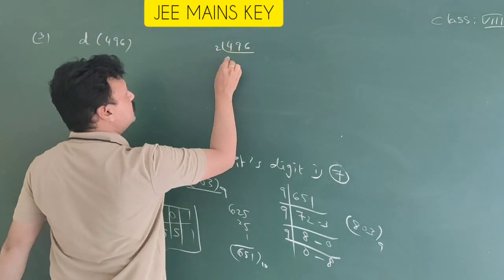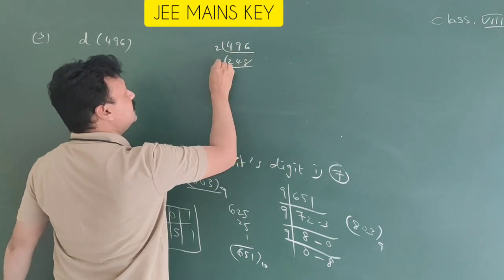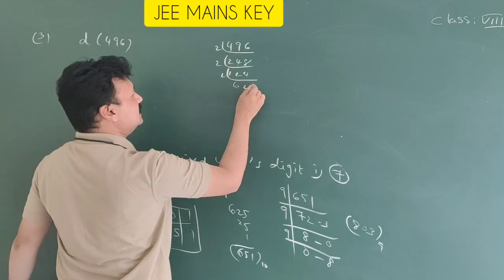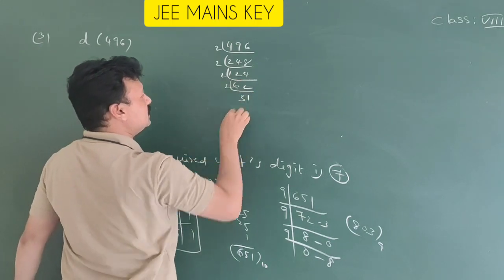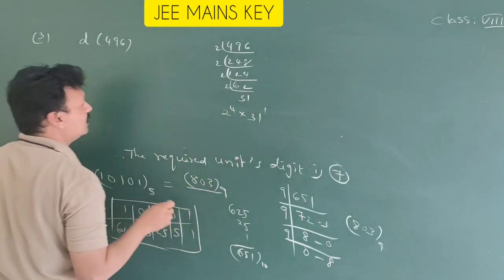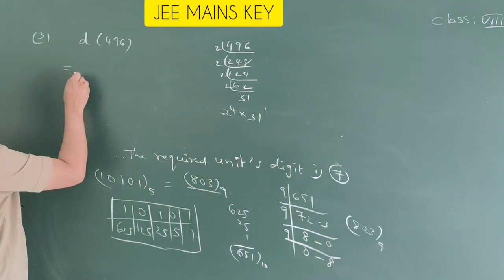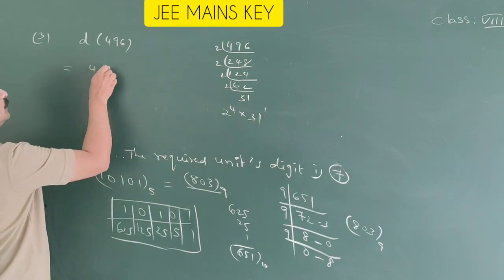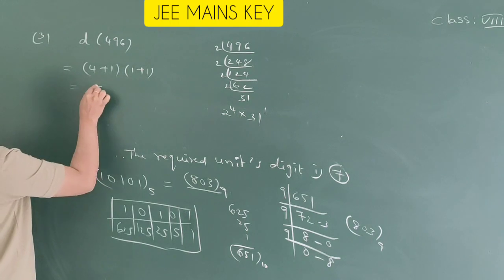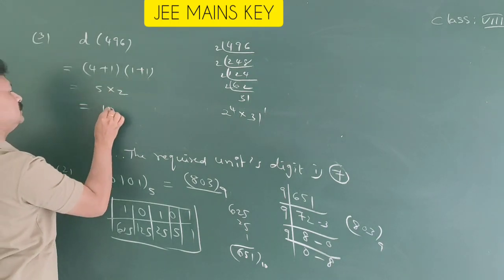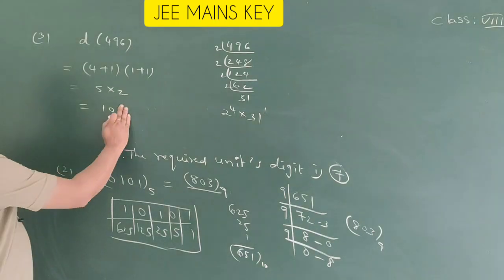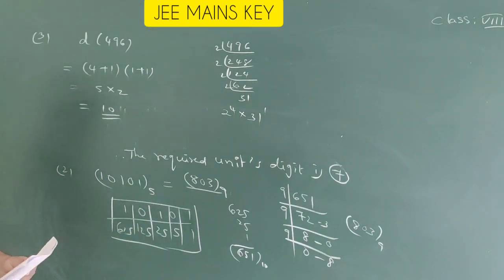By calculation, 2 times 248, again 2 times 124, 2 times 62, 2 times 31, which means 2 power 4 into 31 power 1. So the number of factors is 4 plus 1 into 1 plus 1, which means 5 into 2, 10. Here 10 is the required answer.